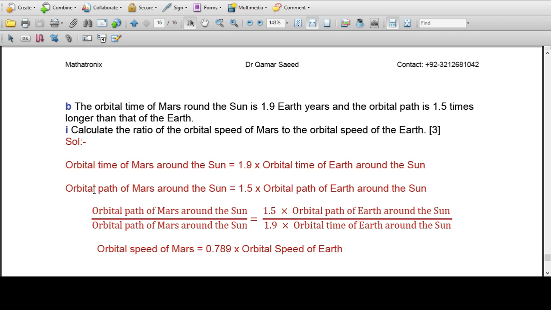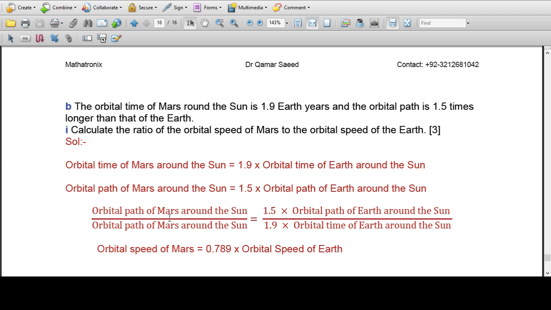So this is the orbital time, and this is the orbital path of the Mars around the Sun. The orbital speed of Mars is 1.5 times the orbital path of the Earth around the Sun, divided by 1.9 times the orbital time of the Earth around the Sun.